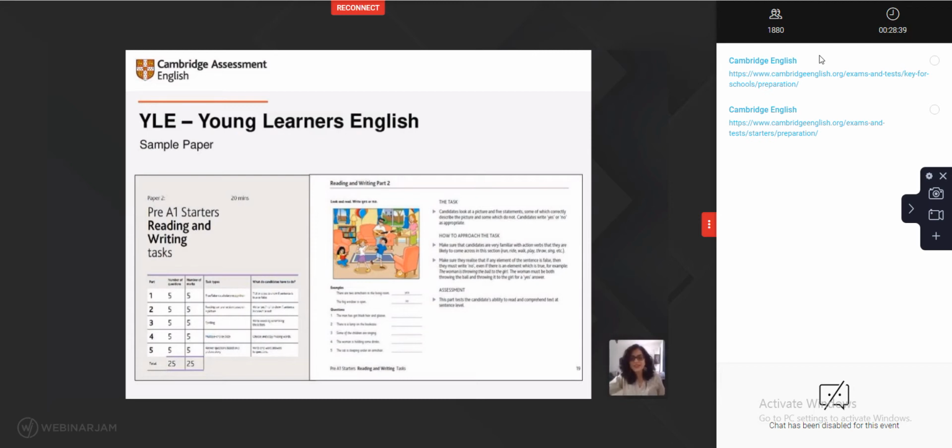So you have this kind of an at a glance table which gives you everything at a glance for each of the skills and for every Cambridge exam, right?